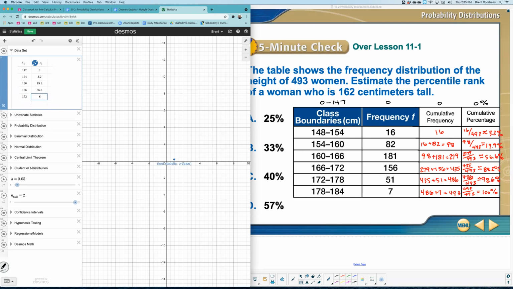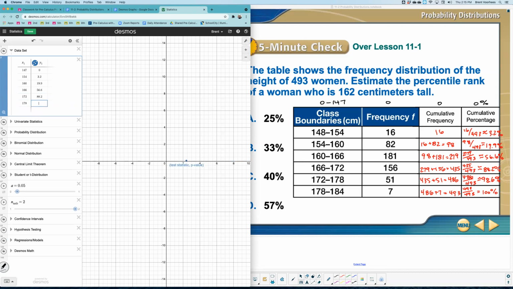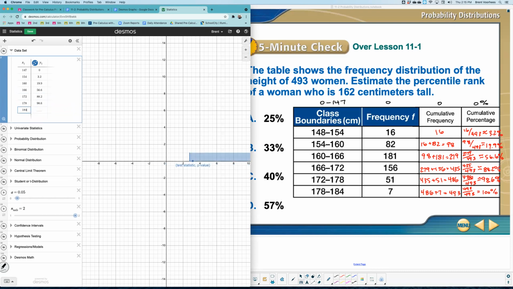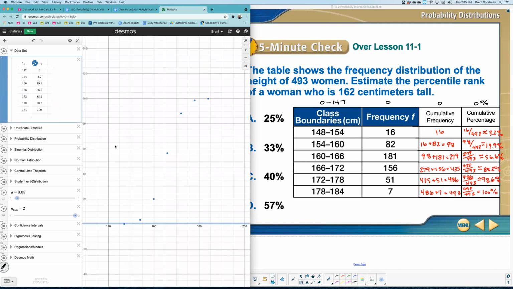172 is 88.2%. 178 centimeters gets up to 98.6%. And 184 gives us our whole. I'm going to zoom fit this data, and you can kind of see the curve here.